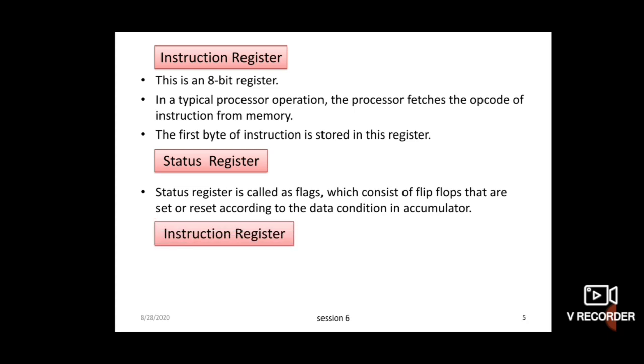Now next is the instruction decoder. The instruction register sends the opcode to the instruction decoder. Understood? What do you mean by instruction decoder? The instruction decoder takes the opcode that was fetched from memory and stored in the instruction register.